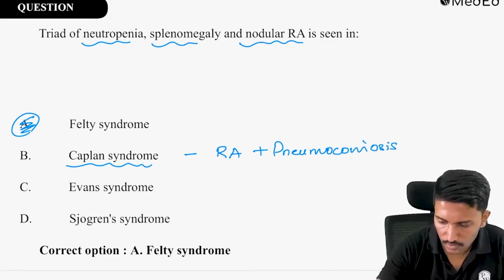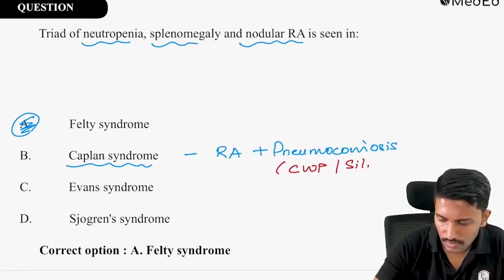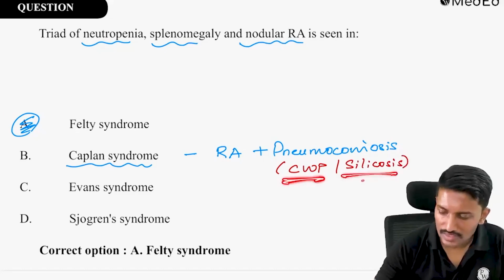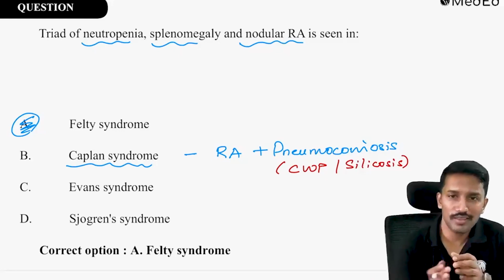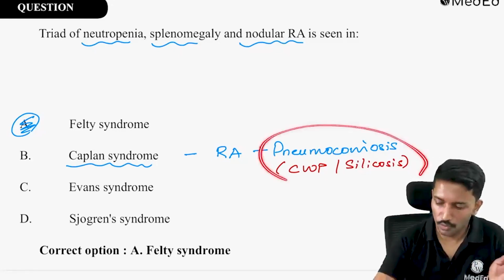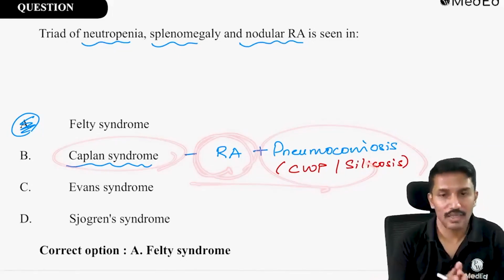Usually that could be either coal workers' pneumoconiosis or silicosis. In both, there is increased exposure to silica, and silica is an immunoadjuvant that increases the risk of autoimmune disorders, including rheumatoid arthritis. So if pneumoconiosis leads to development of RA, this combination is what we call Kaplan syndrome.